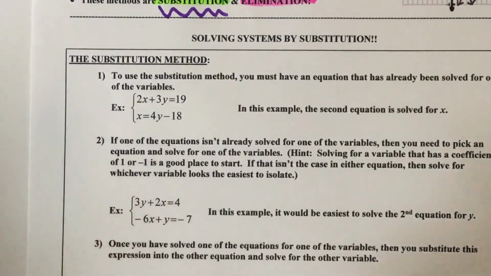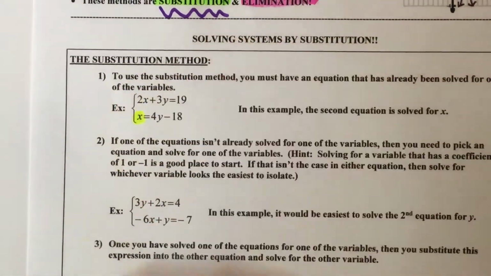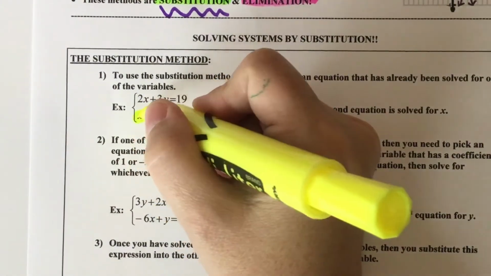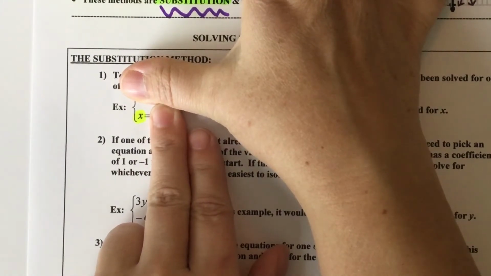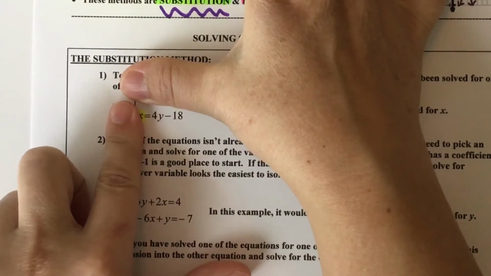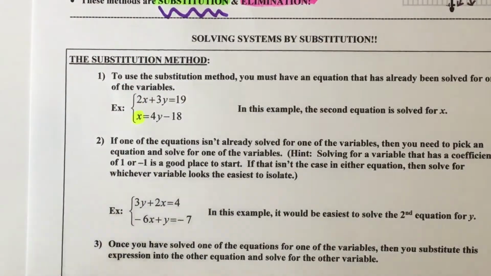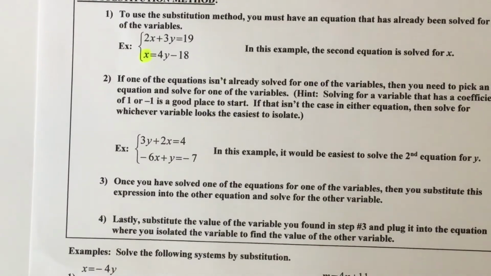Your number one goal is to have an equation where one of the variables is by itself, meaning either x is by itself or y is by itself on one side of the equals, and everything else is on the other side of the equals. If we don't have that happen, then we need to find the variable that has a 1 in front of it and get it by itself.